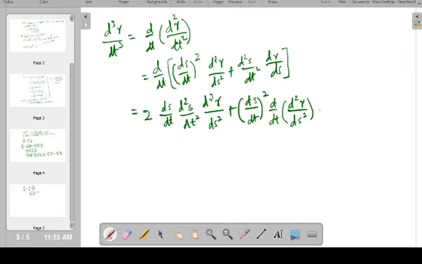Plus, okay, here itself I am going to apply the chain rule. D by dt of d square gamma by ds square, this is a function of s, so I cannot write this as it is. So let us apply the chain rule: d by ds of this, then this into ds by dt.